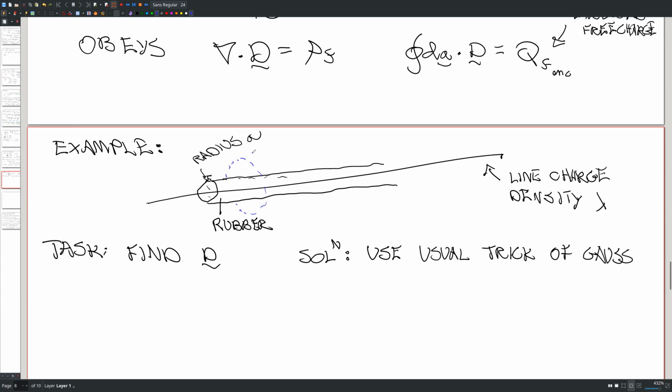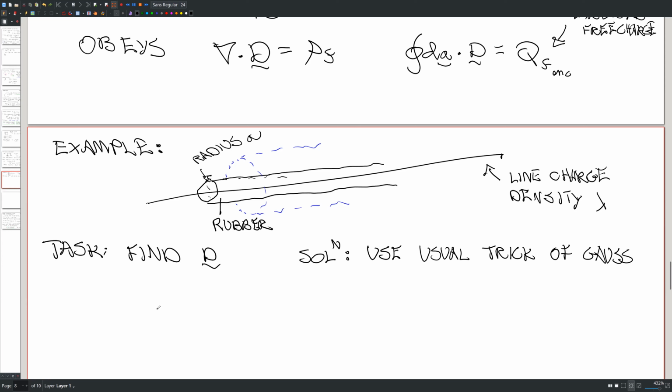So I imagine another Gaussian cylinder like this outside, and I'm going to consider a certain length like this, and the only field that I can have has to be radially coming out of the axis of the cylinder. Okay. And what I know is that I have the integral form of Gauss's law here, which is just that the integral over any closed surface of the surface element times D has to be the total free enclosed charge.